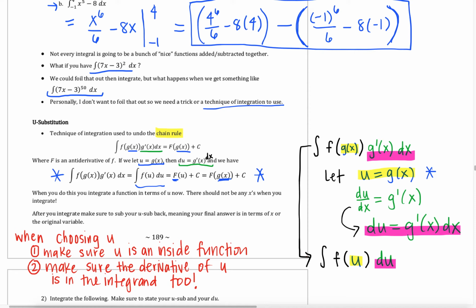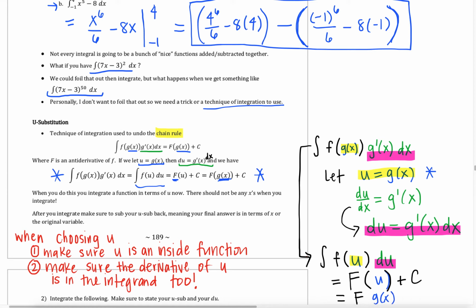So we're going to go through quite a few examples in this video where we learn about the setup, how to replace the integral all in terms of u, and then we will continue to integrate from here, and we'll get our antiderivative of f of u plus c. And then our last step will be to replace what u is equal to, which is that g of x.